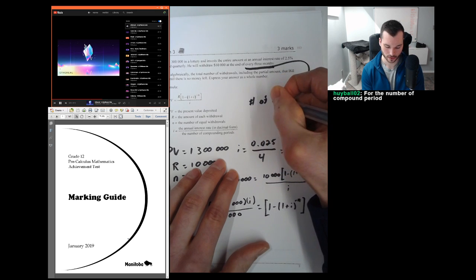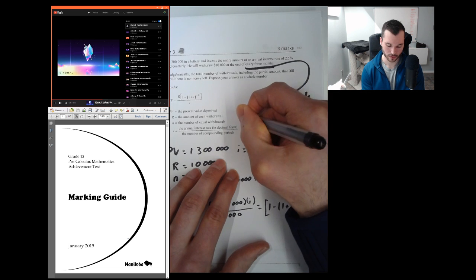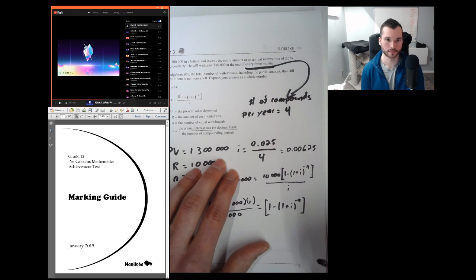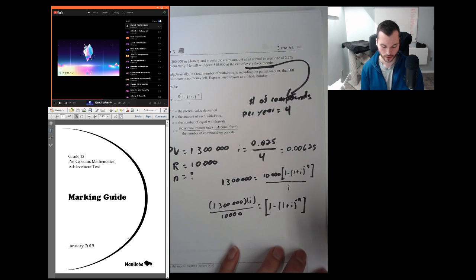Number of compounds per year equals 4. If it was annual, then it would be 1, semi-annual 2. There's lots of different words that we can use for that.